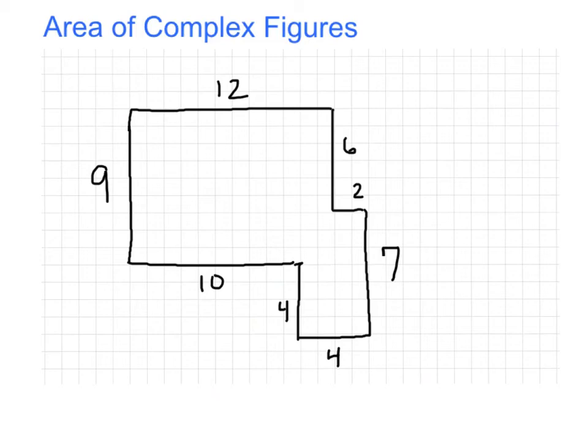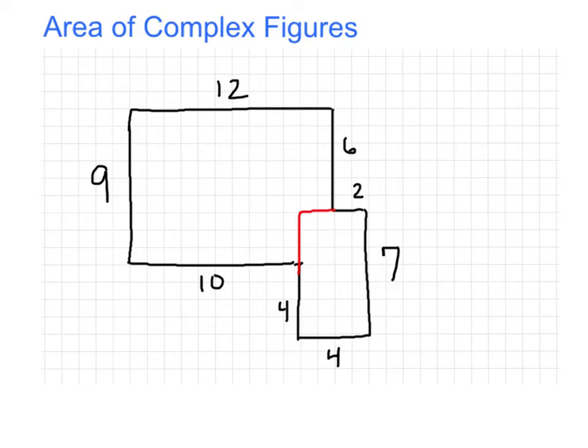So, for example, I could take this and I could form one rectangle here, such that I know this side is 7, this side is 4.